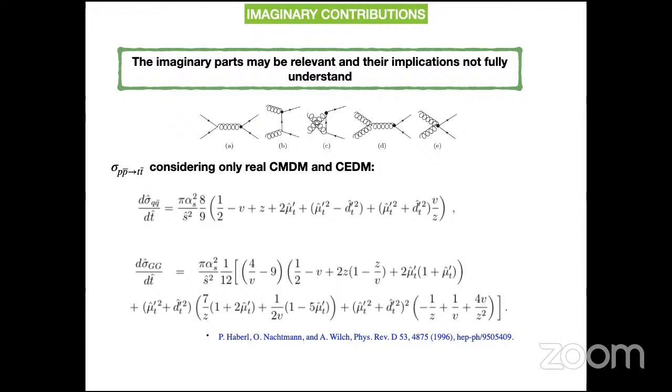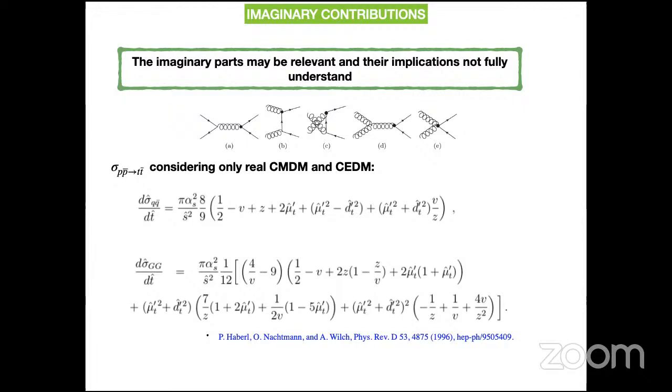We are including the anomalous couplings of the gluon top anti-top coupling, which are the magnetic and chromoelectric dipole moments. In this case, these two cross sections can be written in this form. This is a very famous result, and here they consider the anomalous couplings as real.